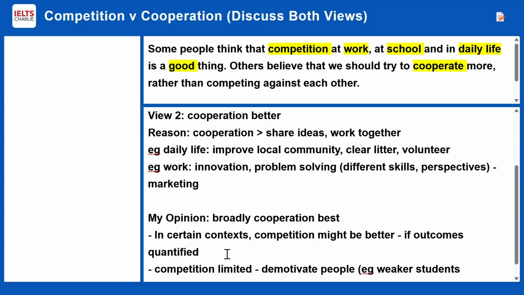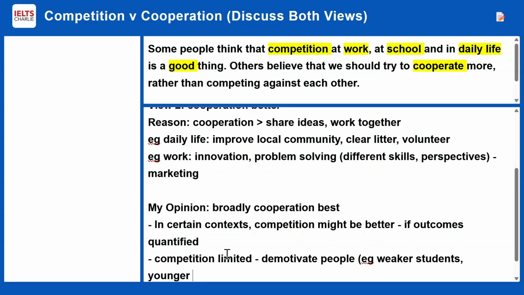They wouldn't like it. So I think that competition can demotivate people if you're weaker students, or maybe a younger member of staff if we're talking about work. So competition has its limitations because it can demotivate people.